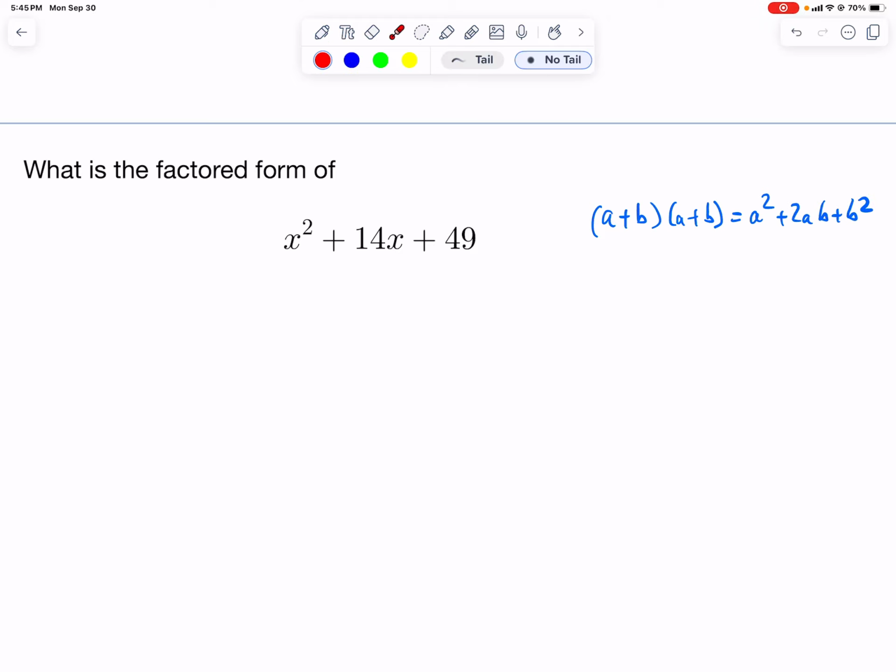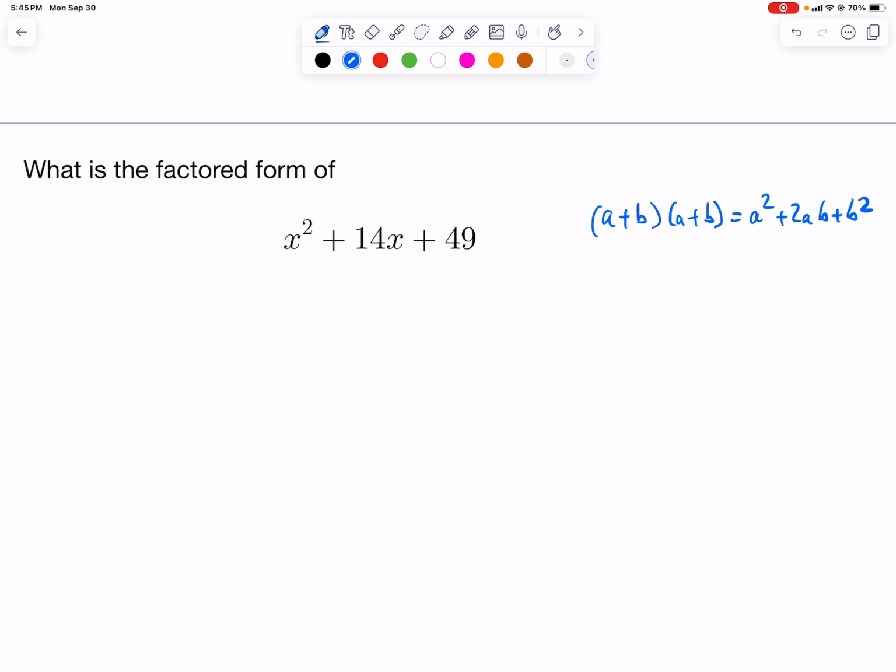We have a b squared here. This is a perfect square, and we also have a perfect square here, x squared. And the middle term over here is going to be twice a times b. Well, my a here is 1x, and my b here is 7.